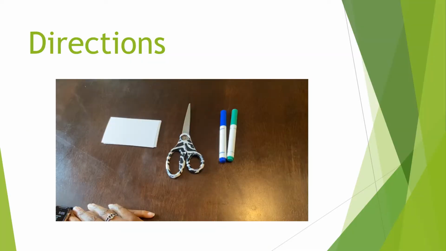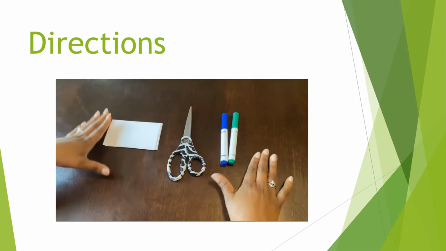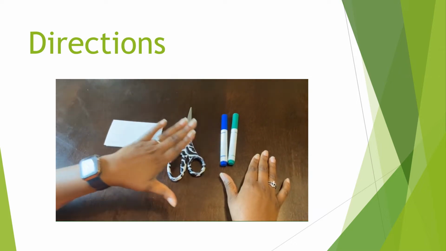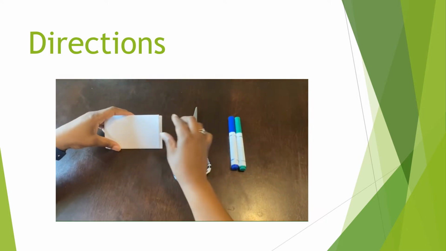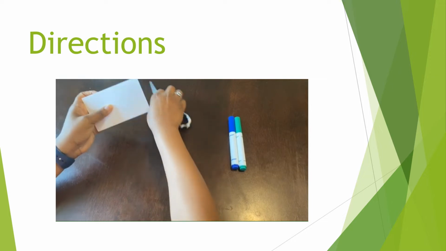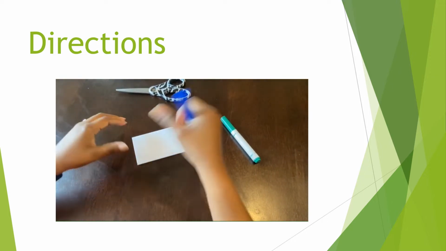Here are the directions for our activity. Okay, so as stated, we have our materials here. You need index cards, scissors, markers, or crayons. So what we're gonna do first is take the index cards and write numbers on them.